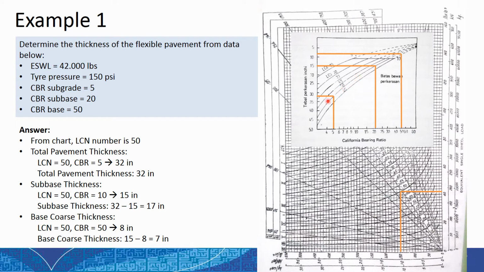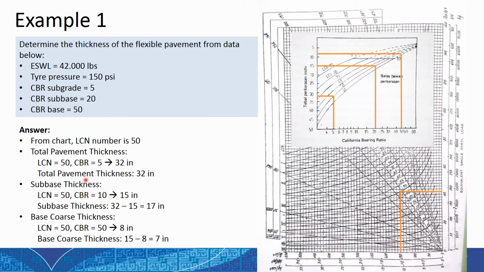After that we project it horizontally until we meet the total pavement thickness. This is around 32 inches. So 32 inches is the total pavement thickness. It's not the subgrade thickness, but the total pavement thickness.